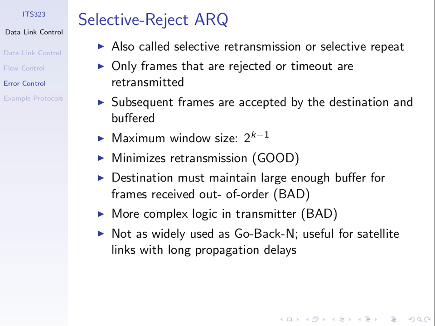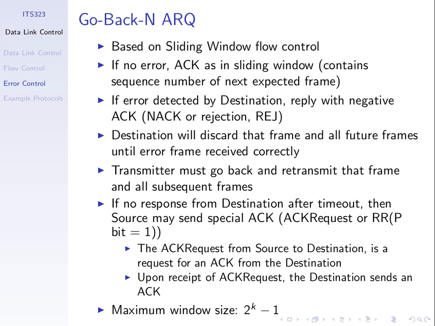But I think for this course, you need to remember with a sliding window and go back N, maximum window size 2 to the k minus 1, where k is the number of bits in the sequence number. 3-bit sequence number, 7. 4-bit sequence number, 15, and so on. With selective reject, it's different.